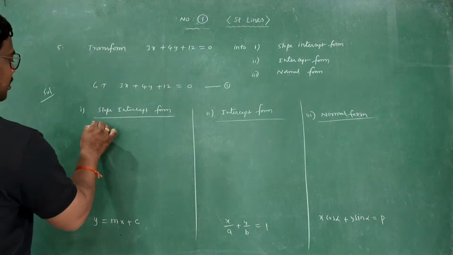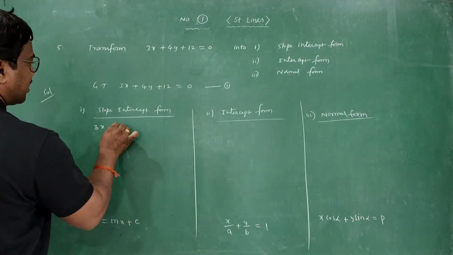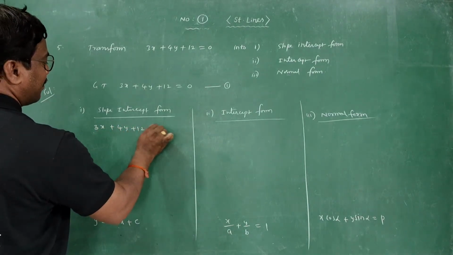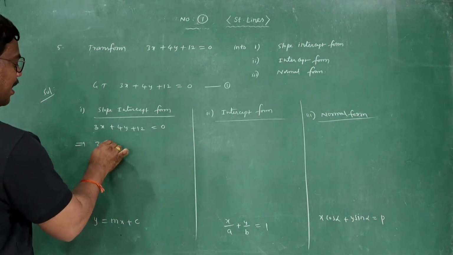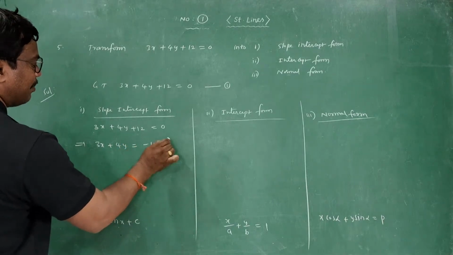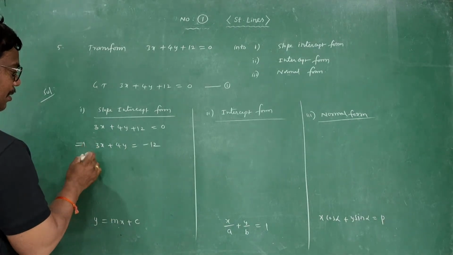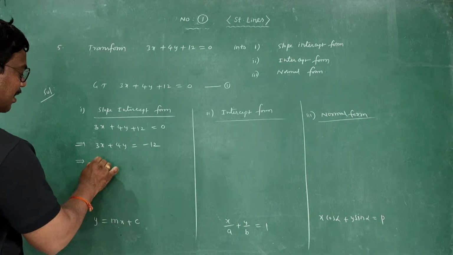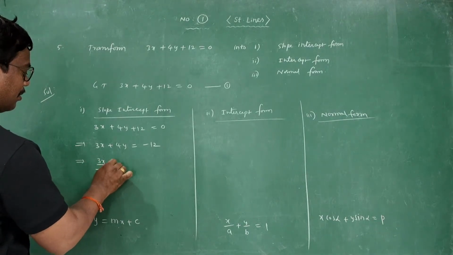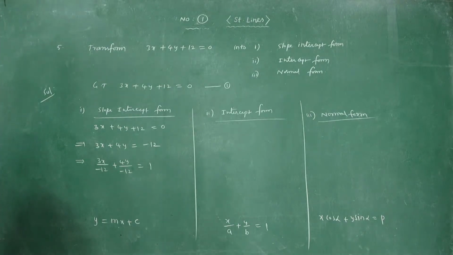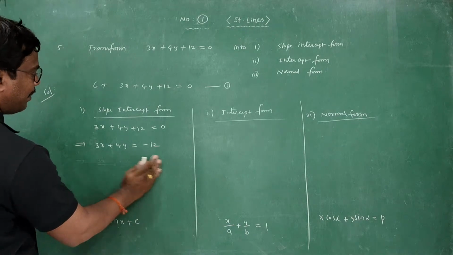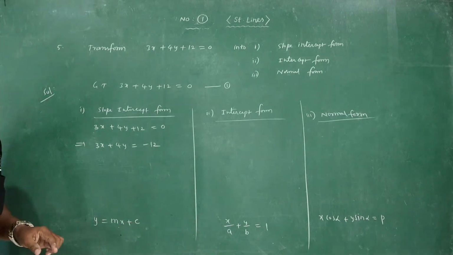See, since 3x plus 4y plus 12 equal to 0, I can write 3x plus 4y as minus 12. Sorry, here the aim is to find the slope intercept form.